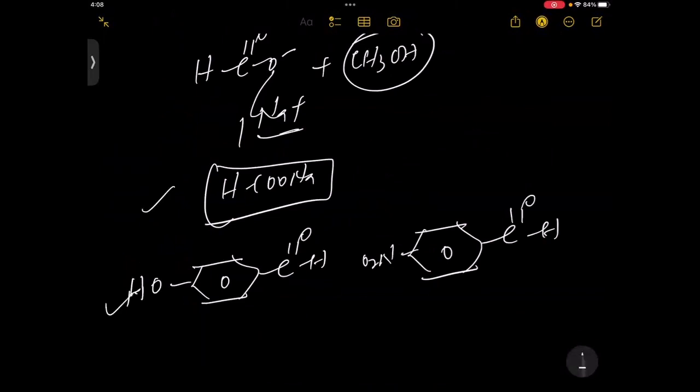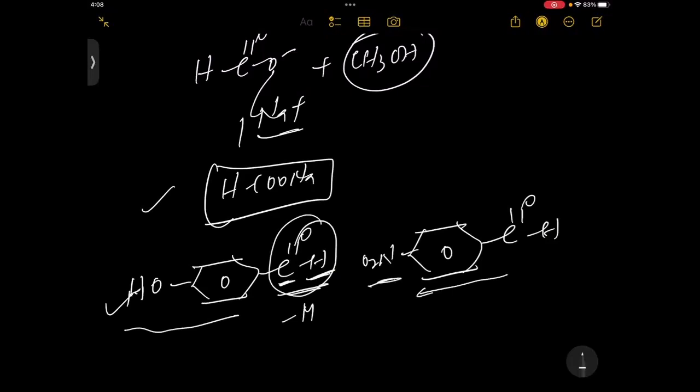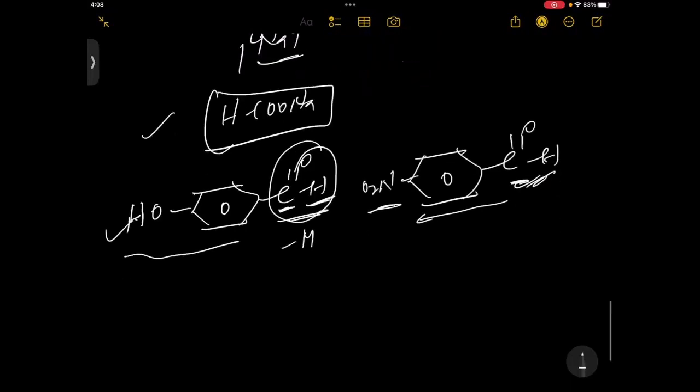In this compound, that group will donate electrons because of the minus M effect. So the electron density increases on this carbon and its electrophilicity decreases, meaning nucleophilic addition decreases. Therefore, hydride cannot leave from this position. In this one, it is just the opposite. Here is the NO2 group, so the reverse will happen, and nucleophilic addition will increase. So when an electron withdrawing group is present, the Cannizzaro reaction will be faster.